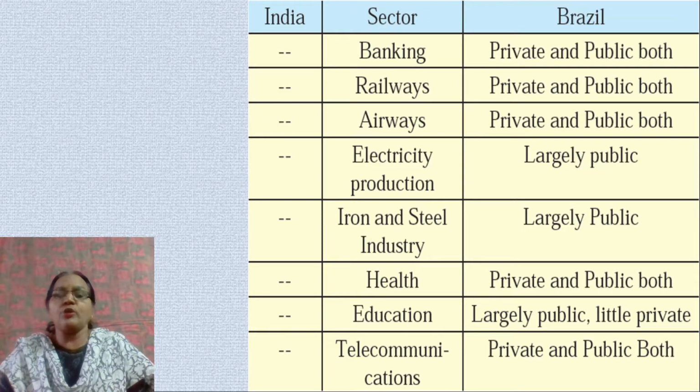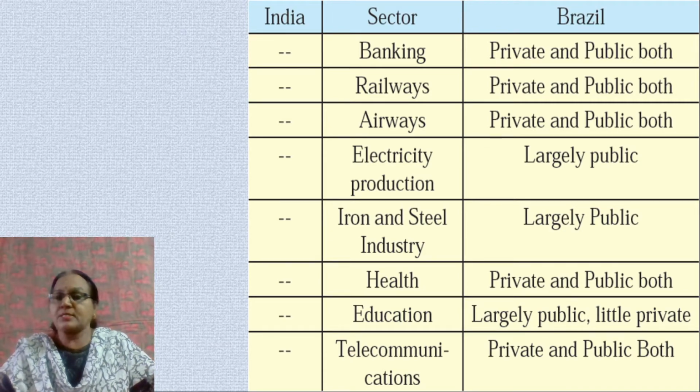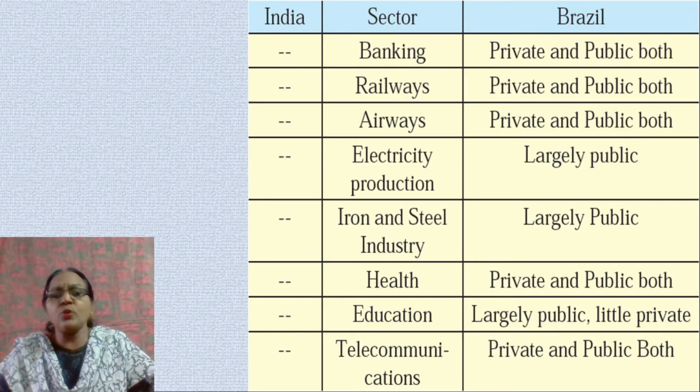And here we are going to find out how it is in India. The banking sector, for example, in Brazil, is run both by the private as well as public sectors. In India also, of course, it is run both by the private and public sectors.